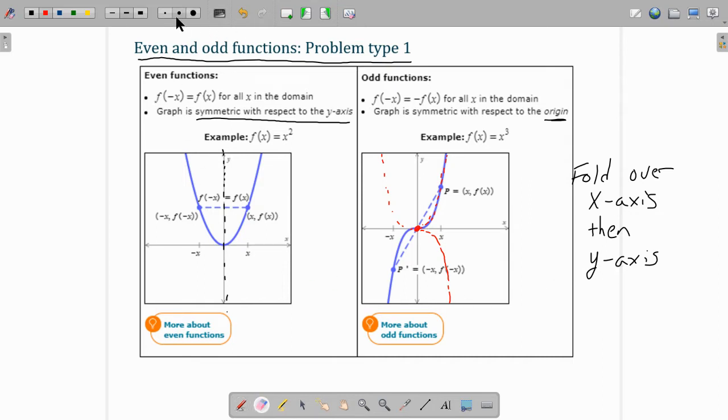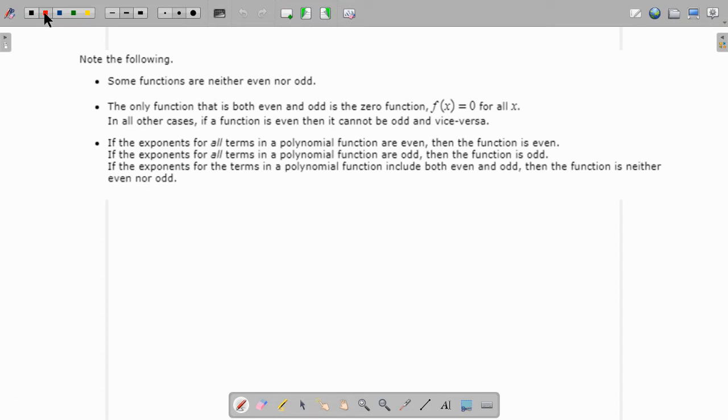All right. So let's take a look at a couple of problems. Or actually, one more note. Some functions are neither even nor odd. The only function that's both even and odd is the zero function, f of x equals 0.